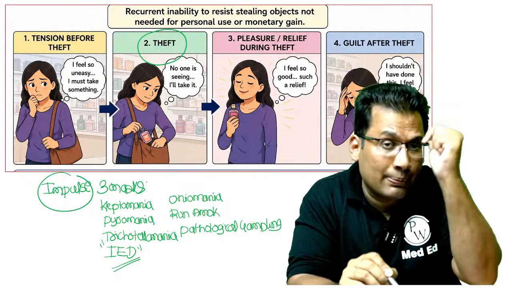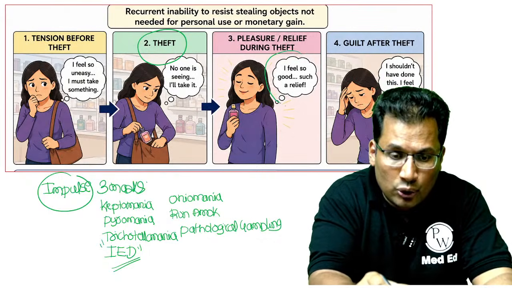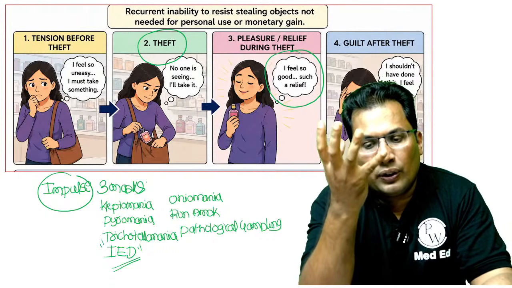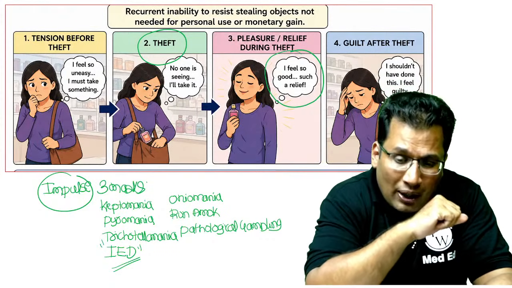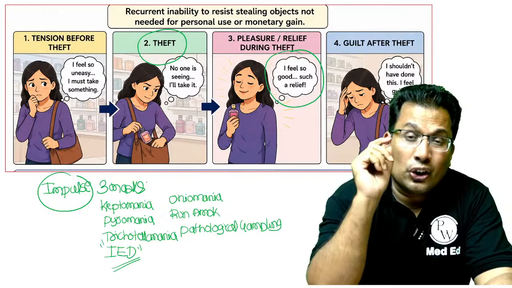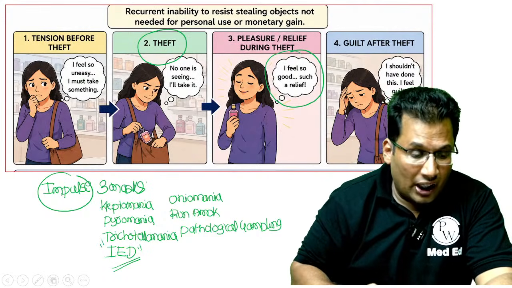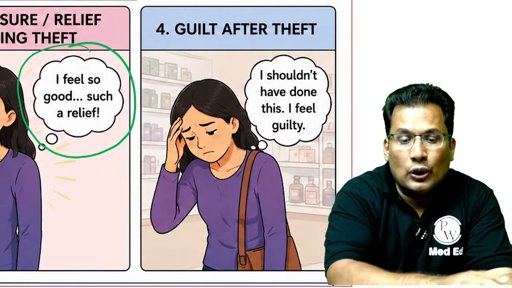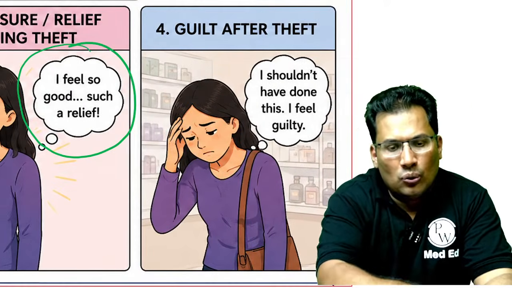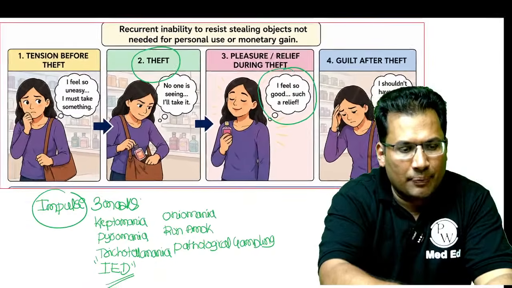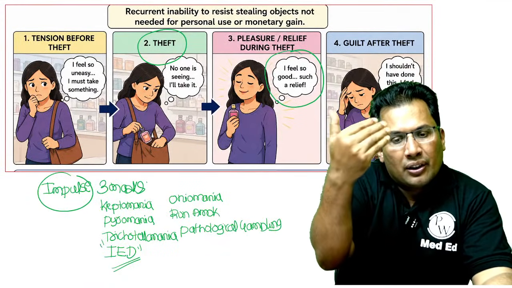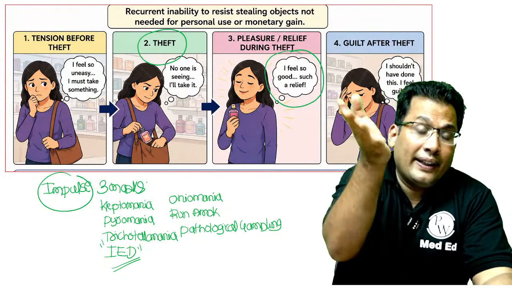Inside, I feel so good, such a relief, pleasure, relief during the theft. And after some time, there will be guilt of the theft. I should not have done this. I feel guilty. So what is this classical presentation? Tension before theft, then theft, pleasure, relief during the theft, guilt after theft.